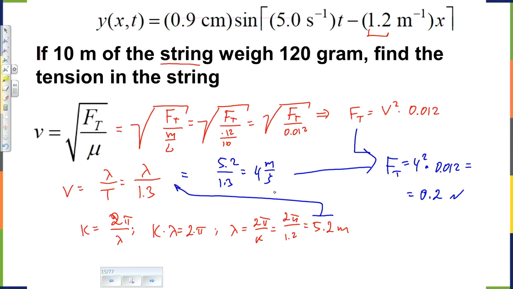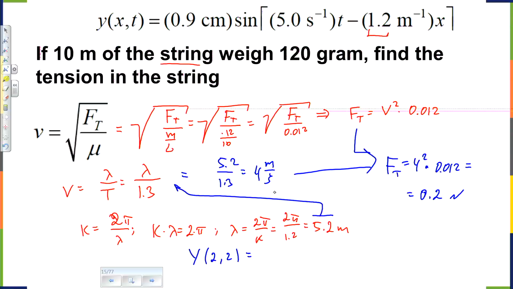And of course, we can calculate the displacement from equilibrium at any location, at any instant. For example, y at, I don't know, 2 meters from the origin at t equals 2 seconds.